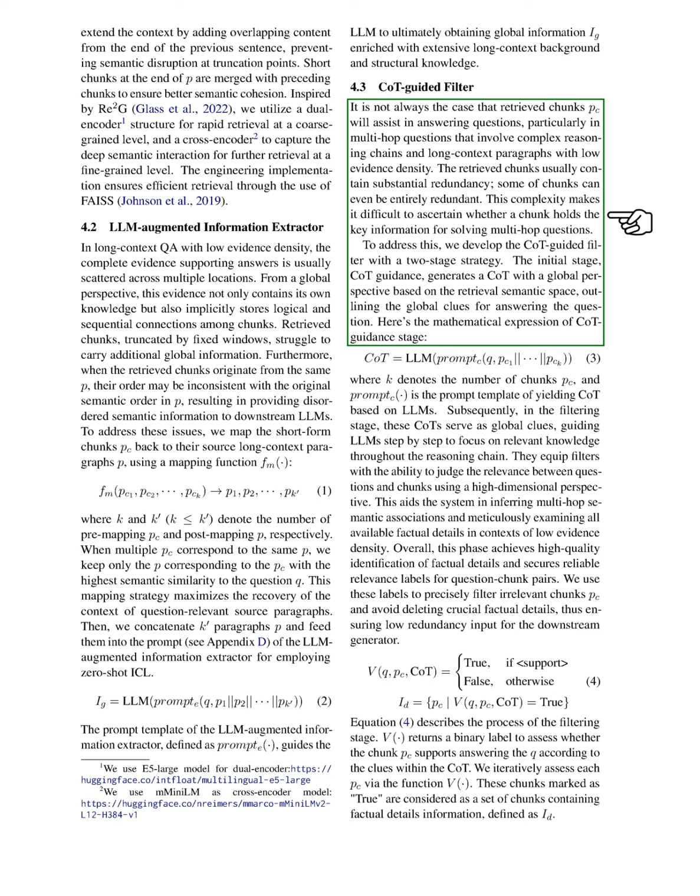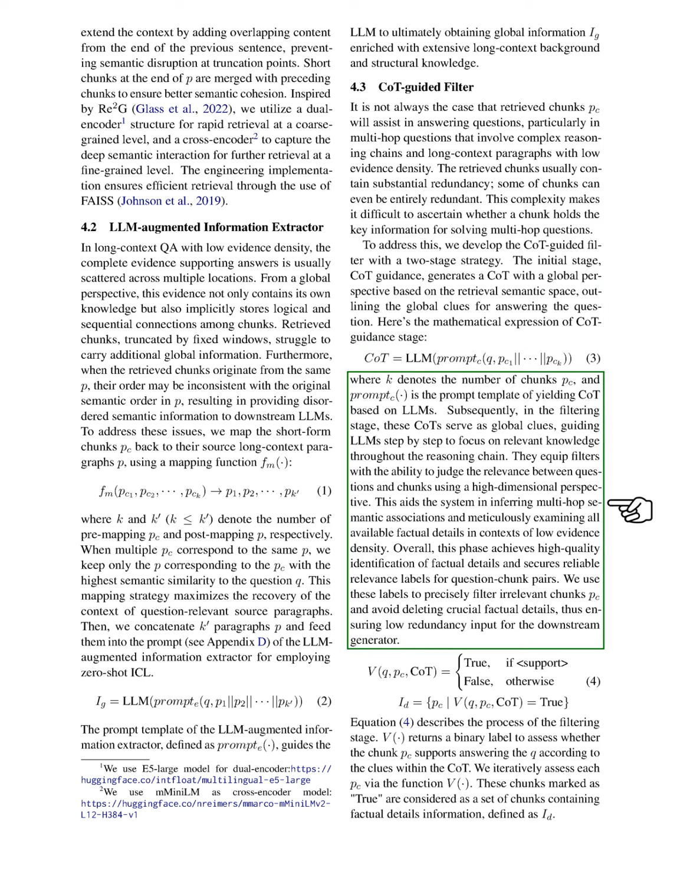Retrieved chunks often contain redundancy, making it hard to identify which ones are useful. Our filter uses a two-stage approach. In the first stage, we generate a chain of thought, COT, that provides global clues for answering the question. In the second stage, these COTs guide the model to focus on relevant knowledge throughout the reasoning process.